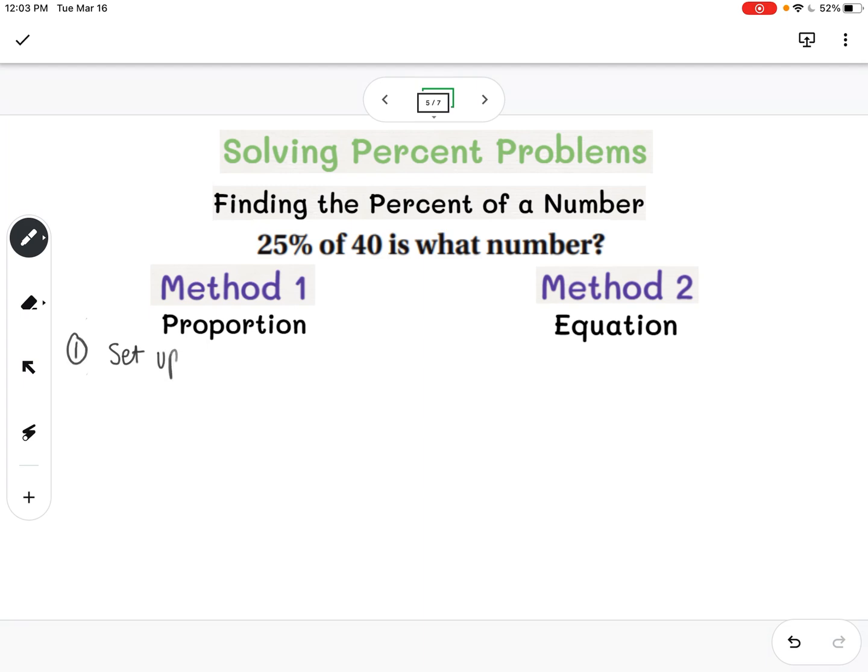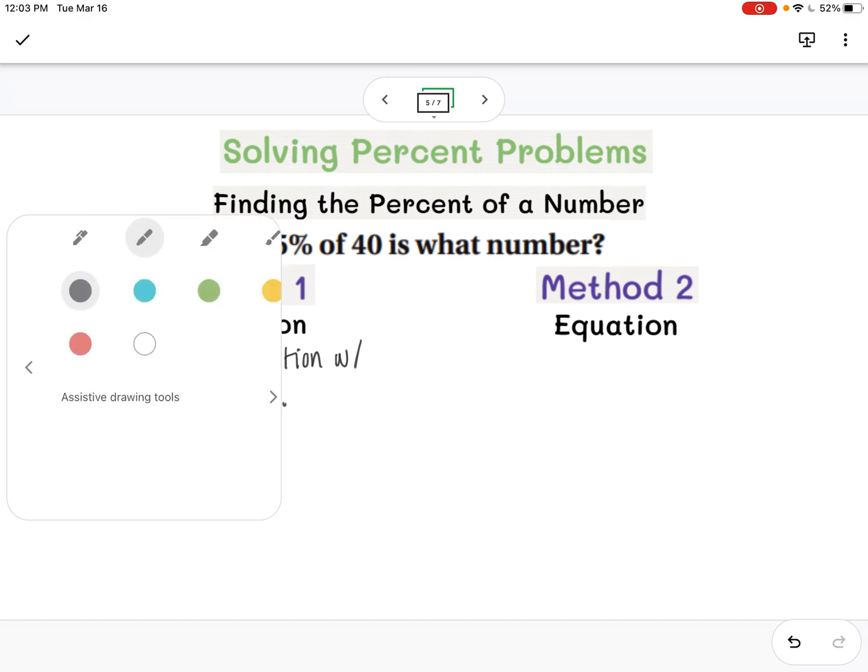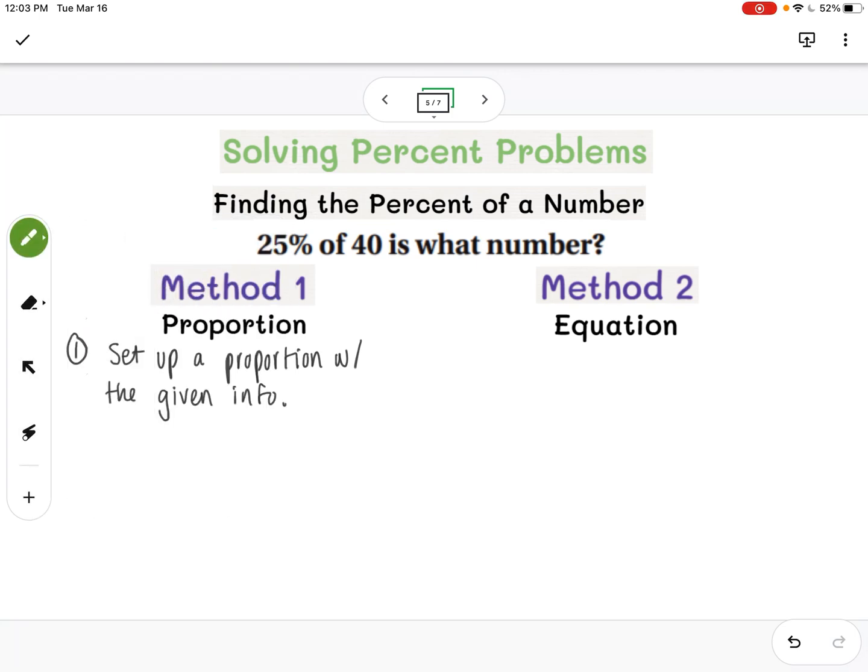All right, so the first step here would be to set up a proportion with the given info. And let's specifically relate to this example now. All right, so this says 25% of 40 is what number?